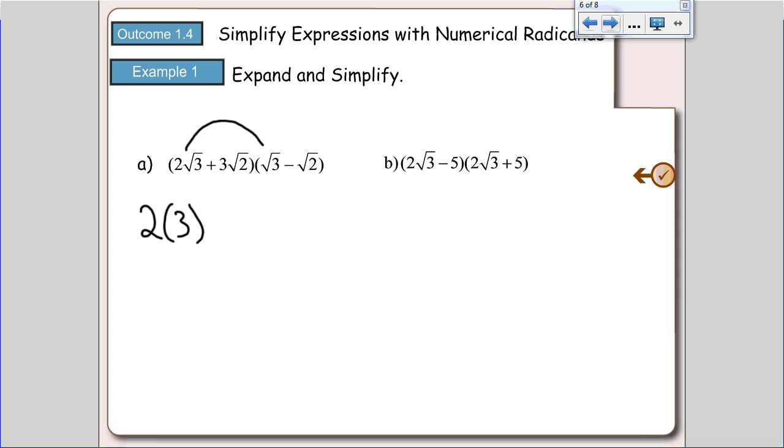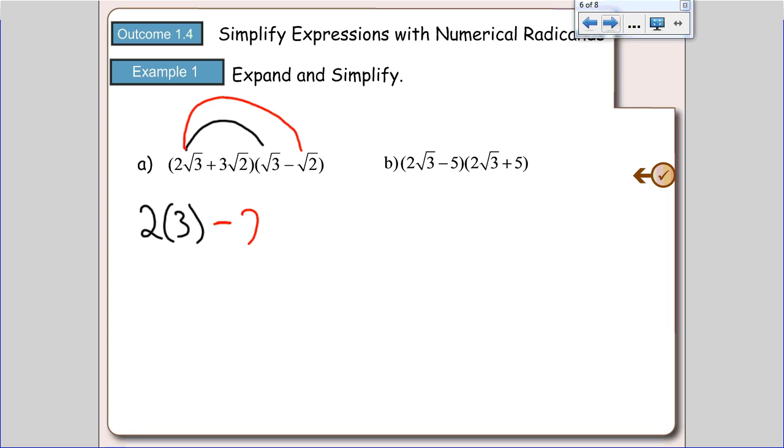Now let's do outside. 2 root 3 times negative root 2. Now we're lost, right? Because we have something underneath the root sign that's not the same thing. So this is what I'm going to show you to do. You're going to go negative 2, because we couldn't do anything with that first 2.